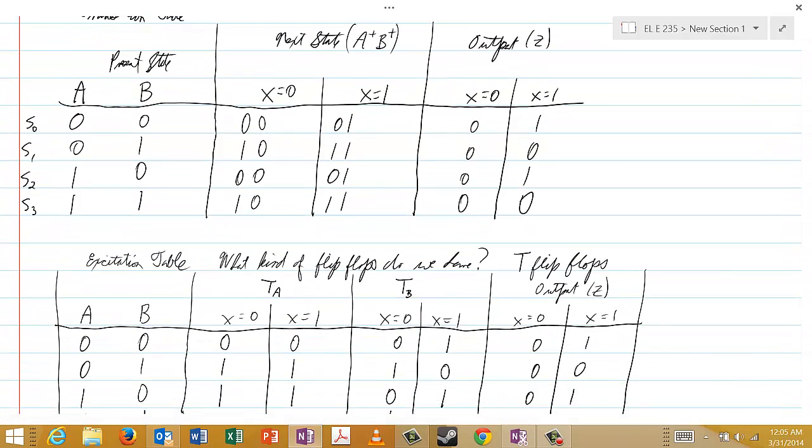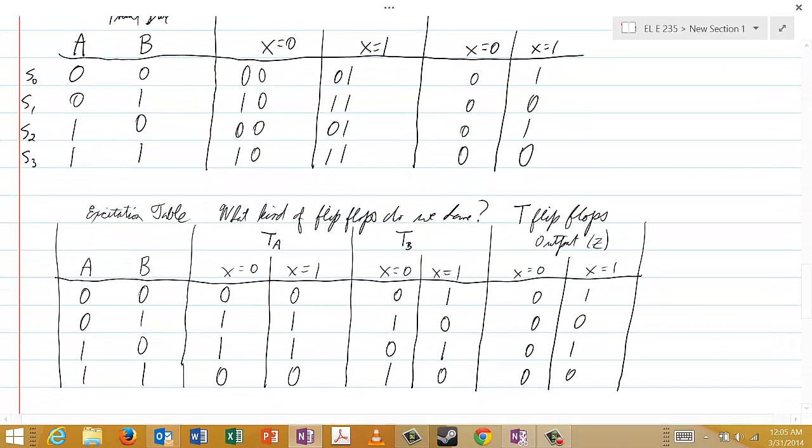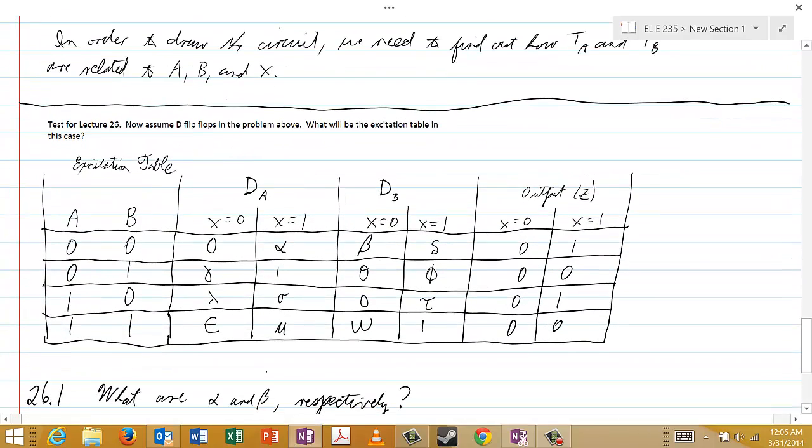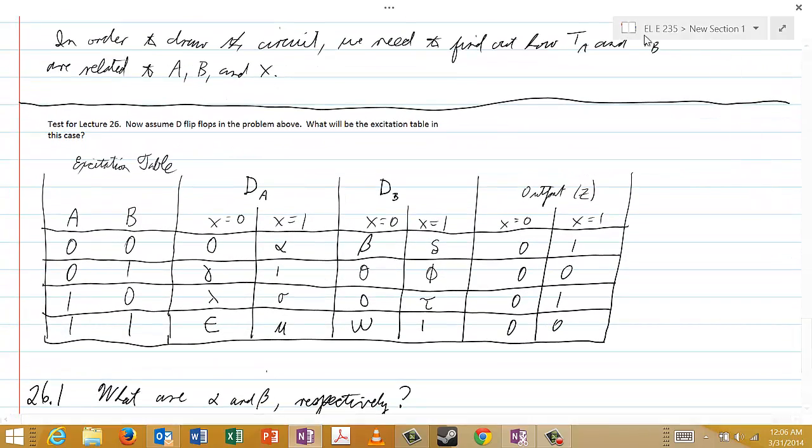Now, this was the excitation table that we arrived at here if we assumed T flip-flops for A and B. However, in your test for that lecture, you were supposed to assume D flip-flops for A and B. And when you did, this is the excitation table, and you were supposed to fill in the blanks.